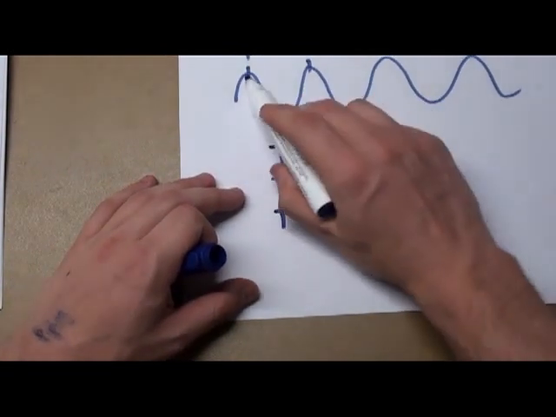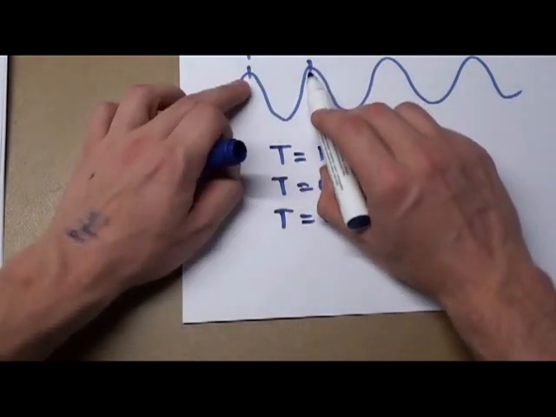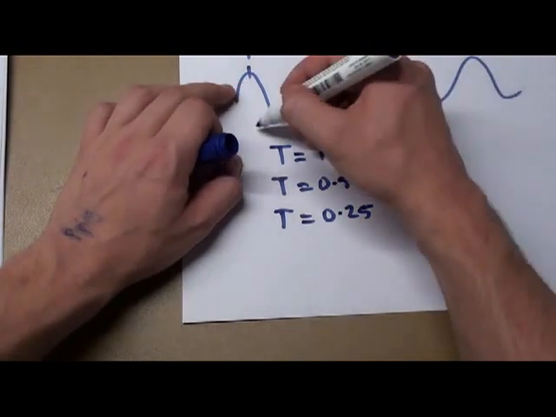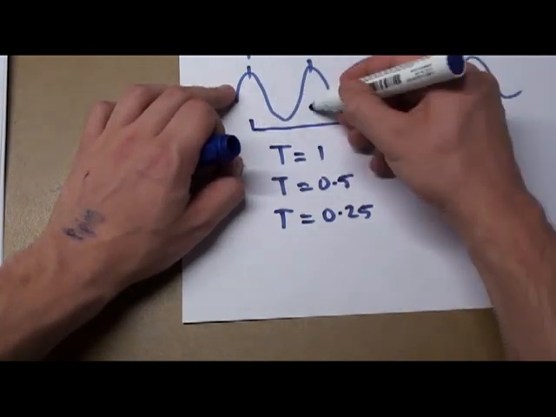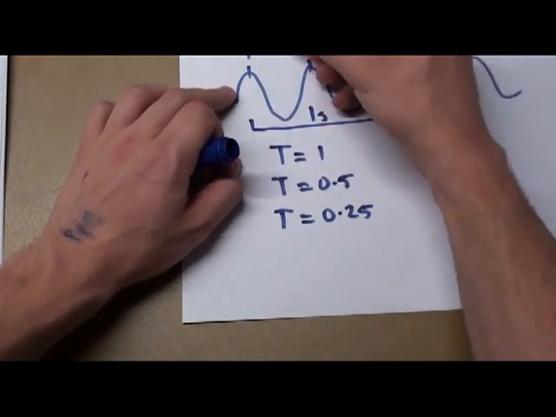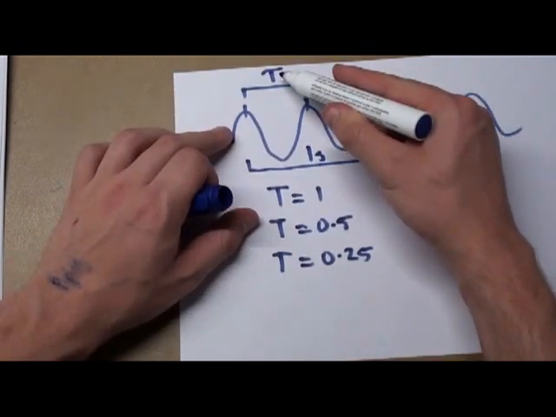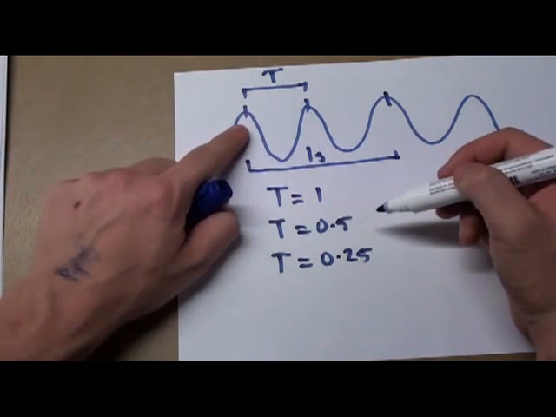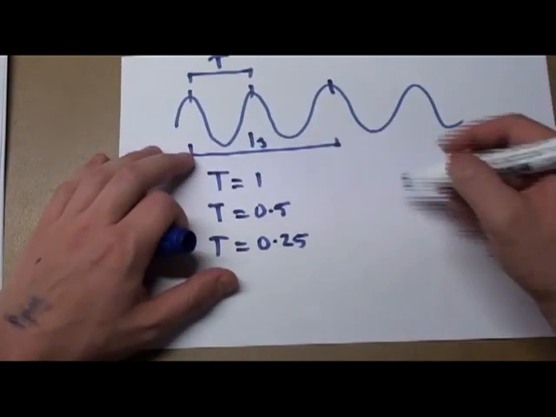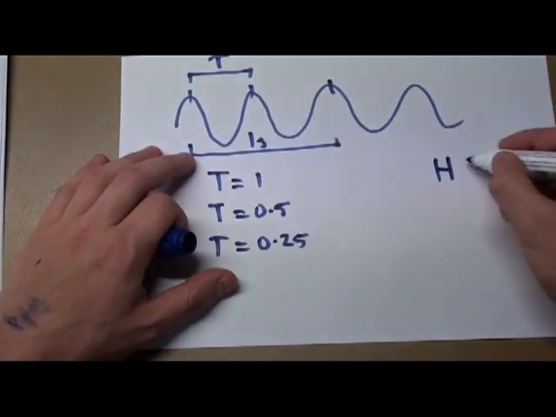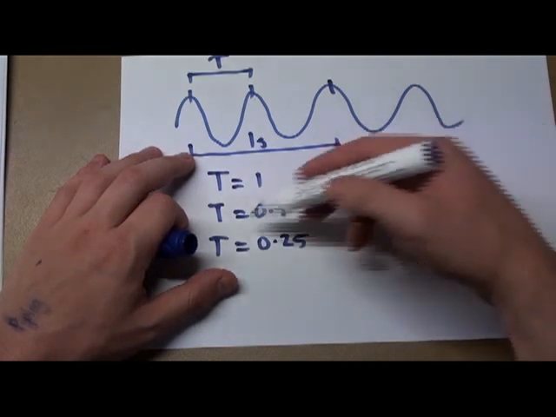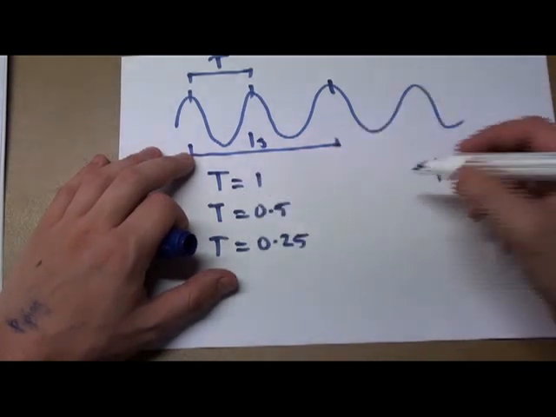So this is how long it takes for it to get this far. But if it were to repeat twice, then if this was 1 second, then this would have to be half a second. So we have another way of talking about it, which is cycles per second, or hertz. And calculating hertz from this period, as we call it, is really easy.